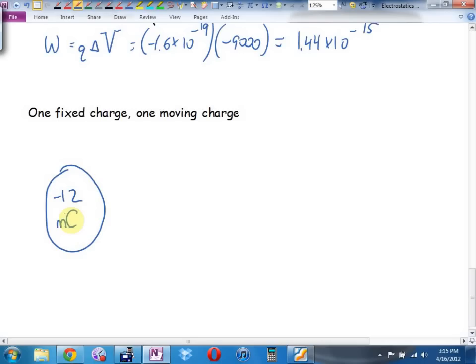Did I use milli? Nope, I used micro. Never mind. Otherwise we might accidentally go faster than light, which would be a problem. We're going to start off with a little electron right here.